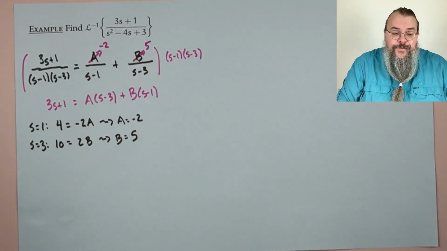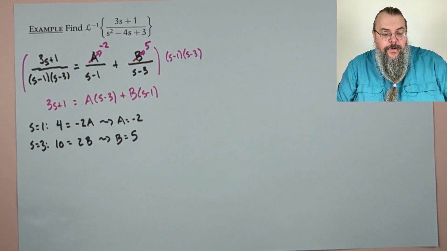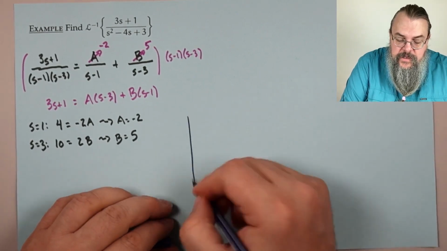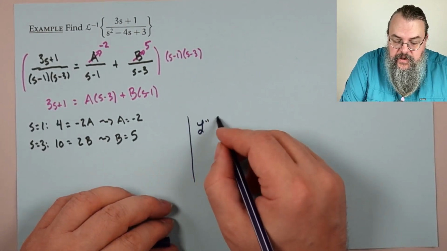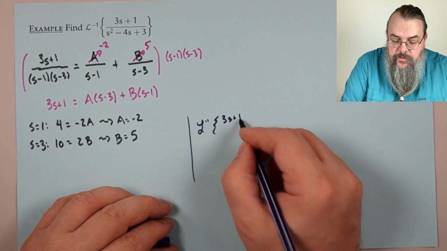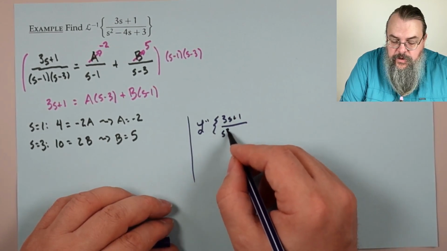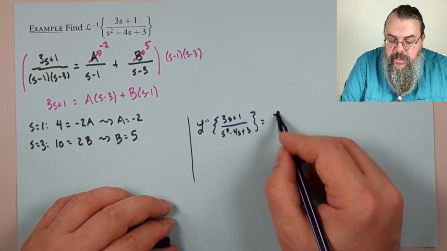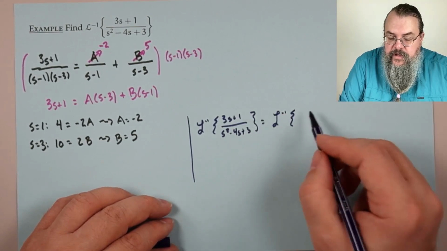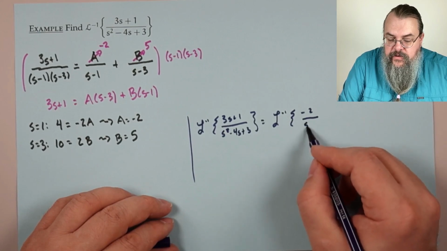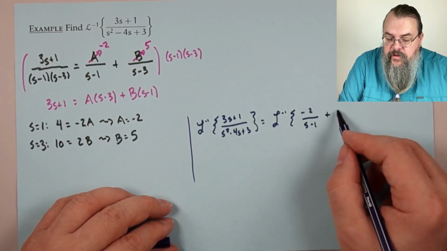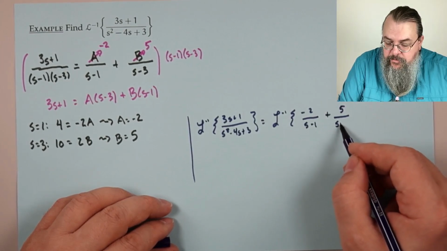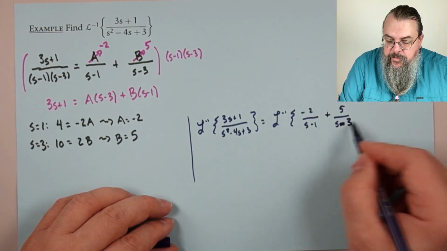Now, how does this help us with the inverse Laplace transform? Well, it says the following. We have that the inverse Laplace of 3s plus 1 over s squared minus 4s plus 3 is the same as the inverse Laplace of minus 2 over s minus 1 plus 5 over s minus 3.